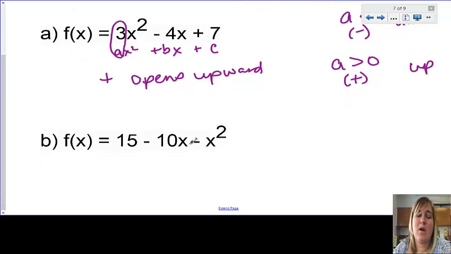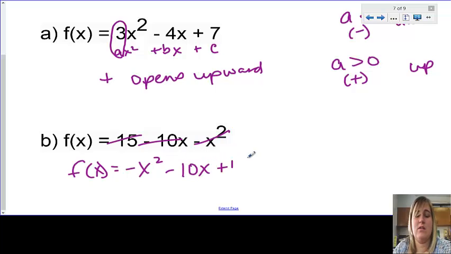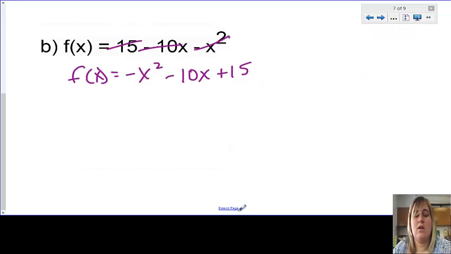Okay. On b, similar situation here. It's not in standard form, so I need to write it that way. So I have f of x equals, my first term would be the square term, so I have negative x squared, minus 10x, and then this has nothing in front of it, so it's positive 15. So now I have ax squared plus bx plus c.